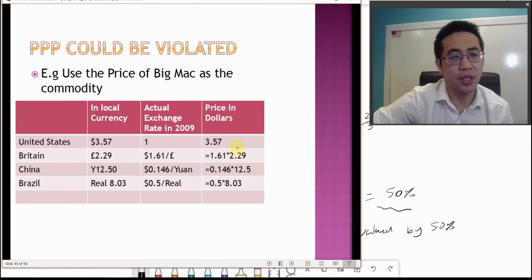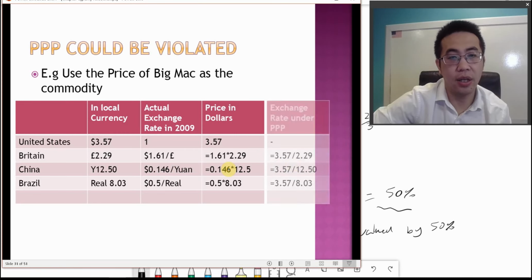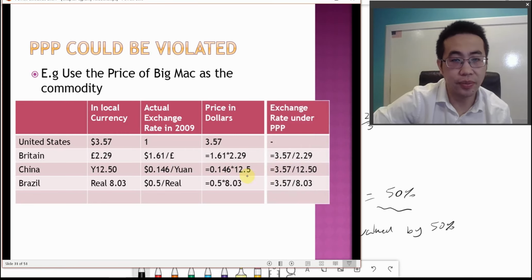So what you see here is, for example, in China, one Big Mac is 12.5 yuan, and the actual exchange rate is $0.146 per yuan. In that case, you would have the dollar price calculated, and it is certainly much smaller than the US price.